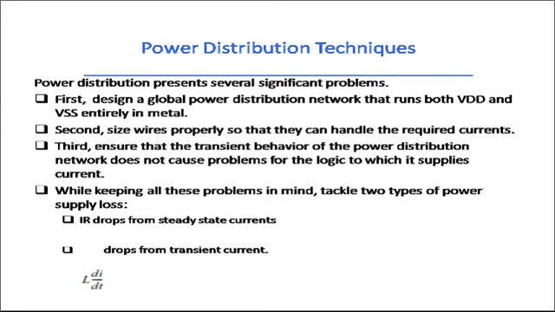Power distribution is one of the important things whenever you consider a chip. In most cases, the power rails are made up of metals, and the distribution networks which run both VDD and VSS, that is VDD and ground, are routed in metal.